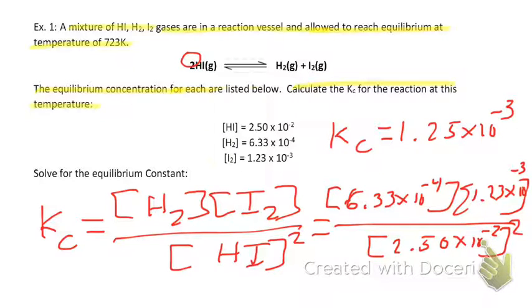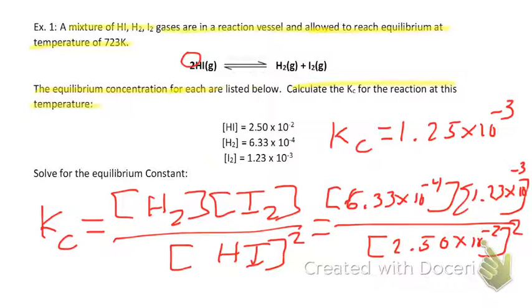Oh, by the way, units for Kc. Forgot to mention this. There are no units for Kc. Kc is unitless. You can thank me later for that. So we don't have to worry about units whatsoever. Okay? So the Kc value for this reaction is 1.25 times 10 to the minus 3.